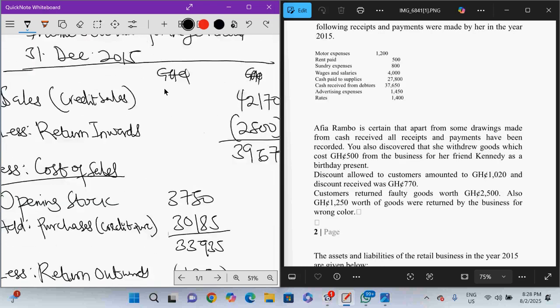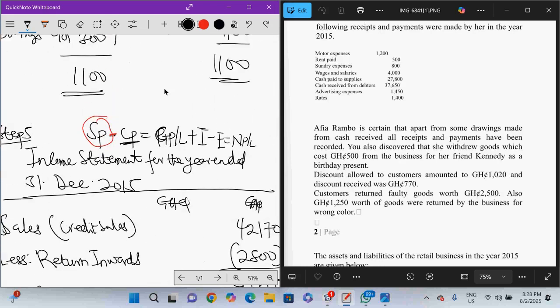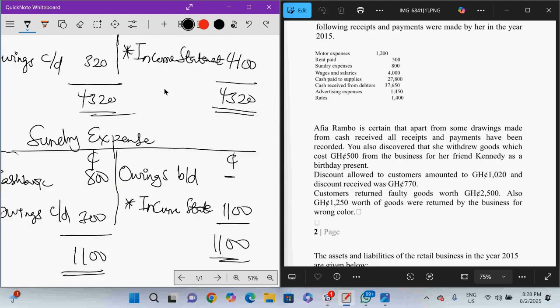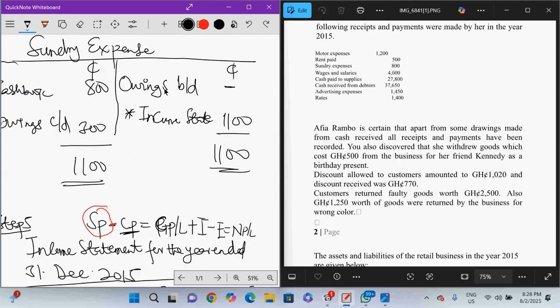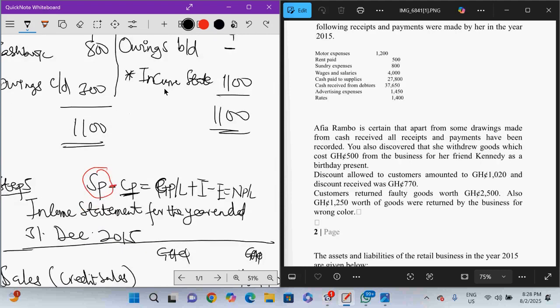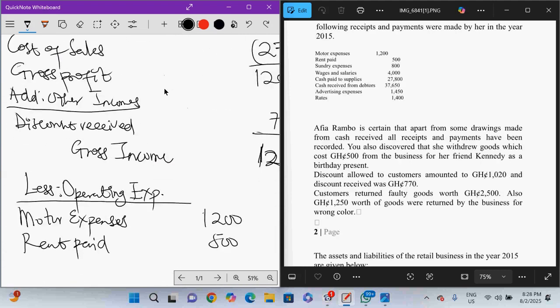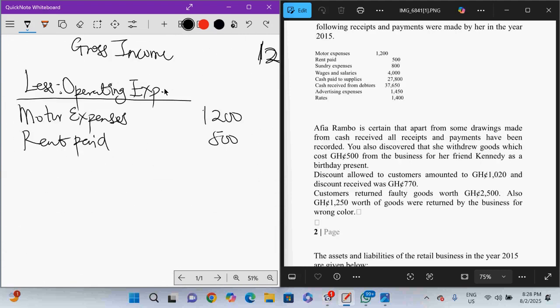What is the sundry expenses adjustment that we made? How much will you take to the income statement? 1100. Sundry expenses 1100. What else?